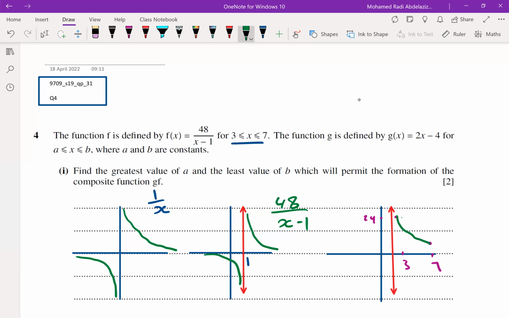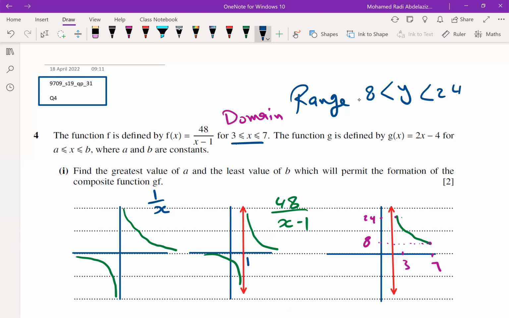Now, if I ask you to get the range of this function for the given domain from 3 to 7, this is the domain. The range is the values of y from 8 to 24. Since it is written equal at 3 and 7, the range is from 8 to 24.